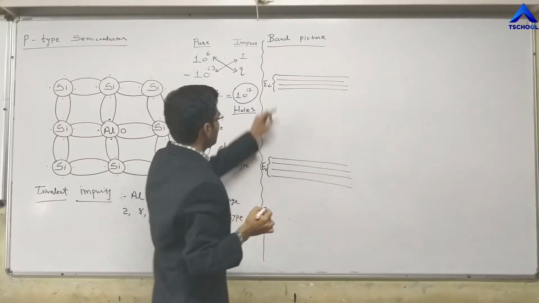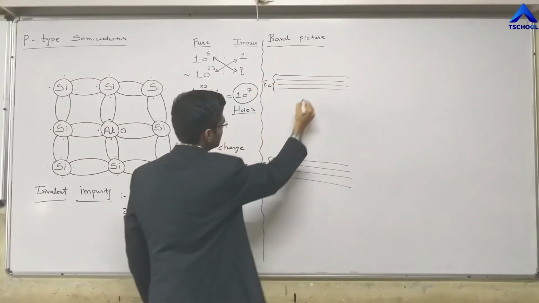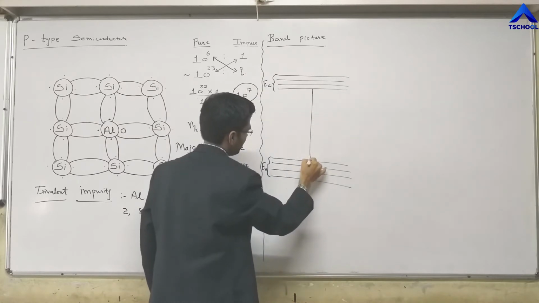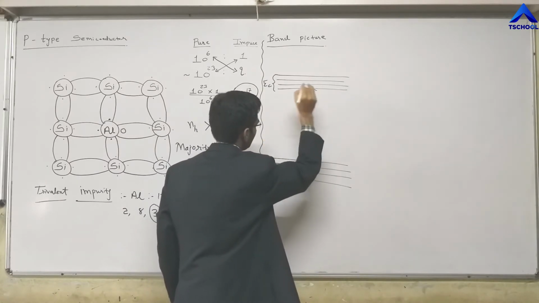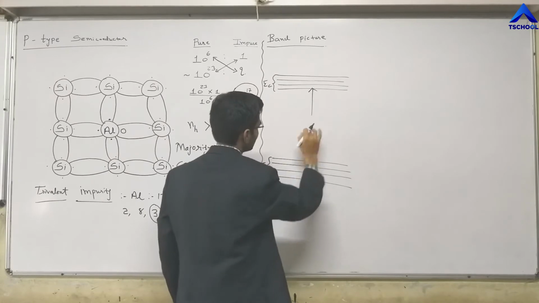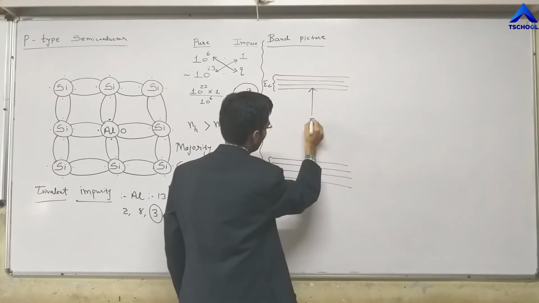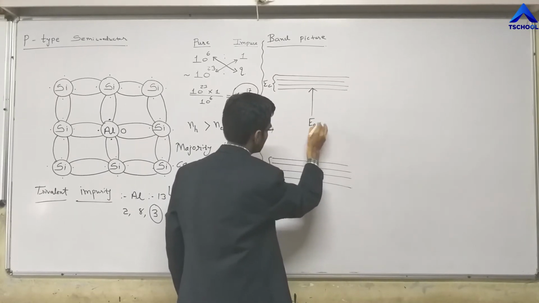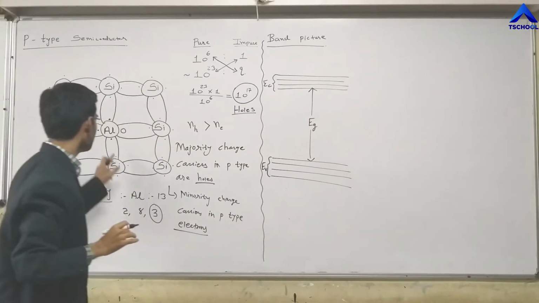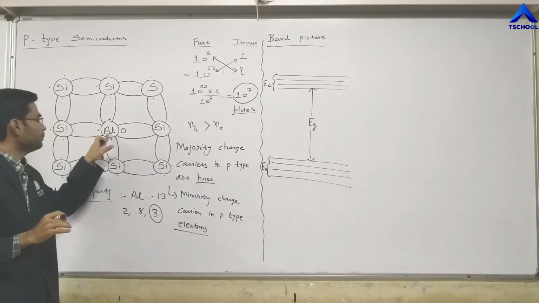Between the conduction band and the valence band there is a gap that is represented by the forbidden gap or energy gap EG. Now here we added trivalent impurities.